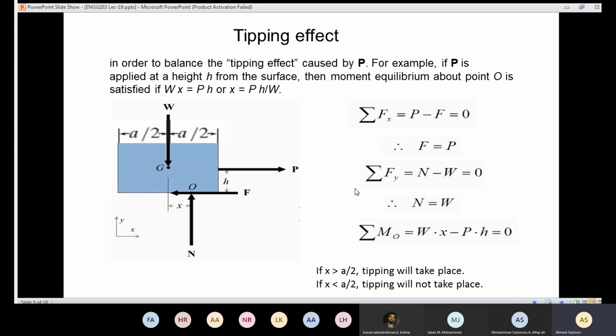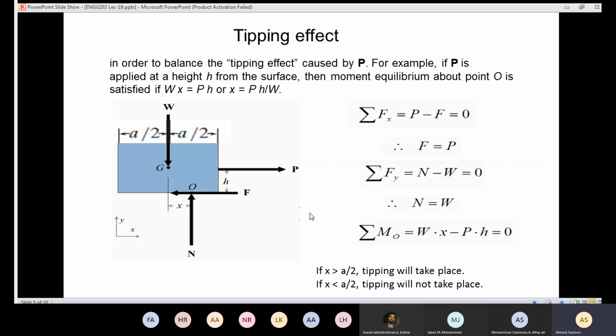And also, if I apply the summation of the forces in the y-axis, I'm going to have N, the normal force, and W, according to the sign convention. This one is positive, this one is negative. So N equals W. So in order to have equilibrium, the value of P should equal the value of the frictional force. In that case, sliding is not going to take place.